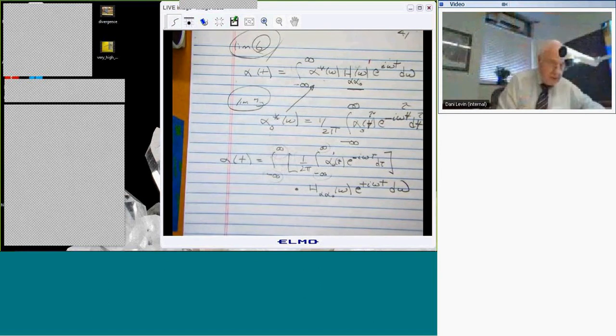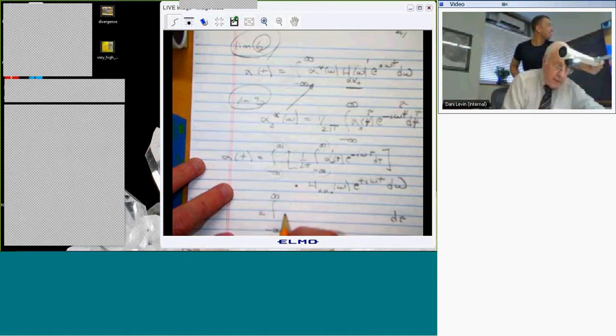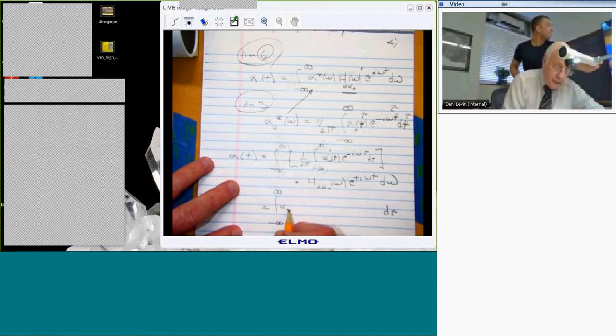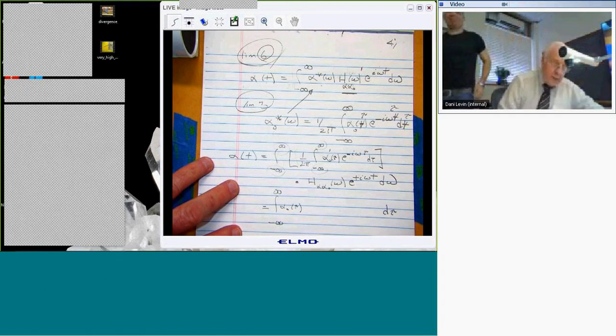So then I'm going to end up with the following. The outside integral is over tau. Again, it's from minus infinity to plus infinity. I'll take alpha naught of tau outside. And then inside, there's going to be the integral over frequency.